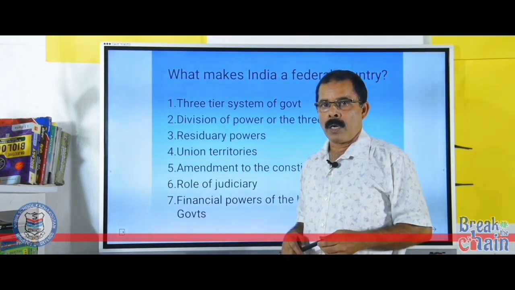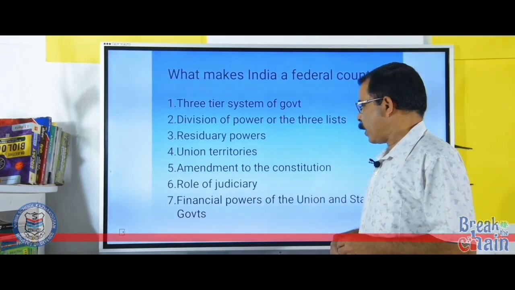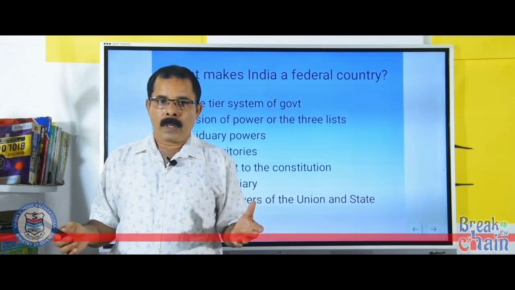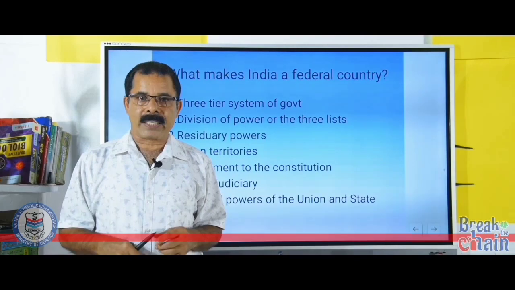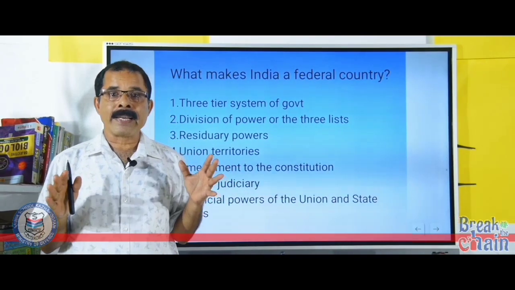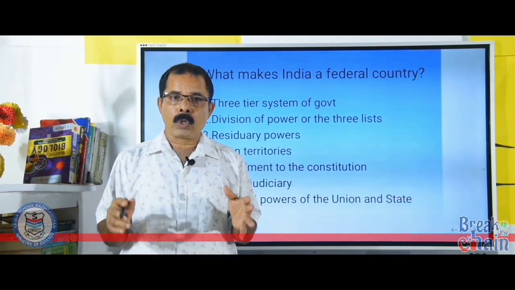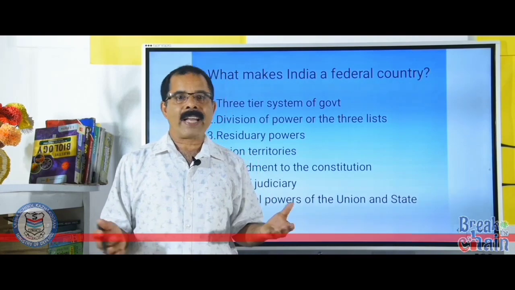Now we move on to the last point, financial powers of the union and the state governments. You know, a government will not be able to function very effectively if it doesn't have financial resources. It should not depend too much on the other for finances.